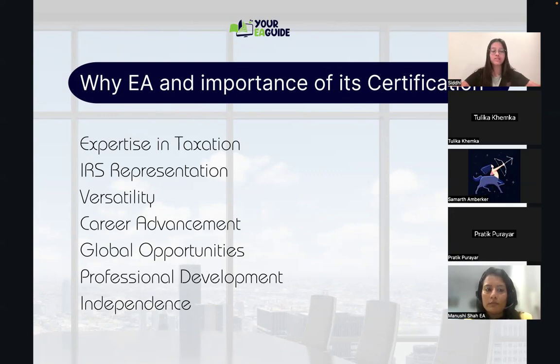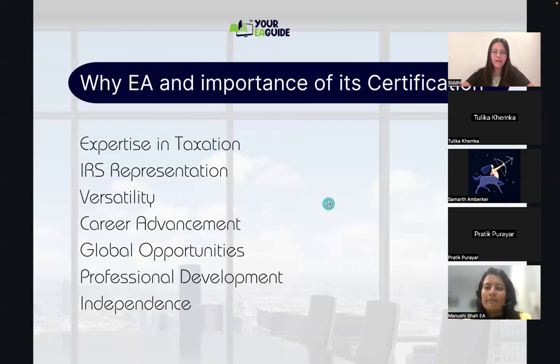Once you see those examples, you know this is the way we are going to represent in front of the IRS. So our approach, mine and Manushi's, is totally practical. You will not find us just reading the theory. No, we are not going to do that. We are going to explain each and every topic in great detail.